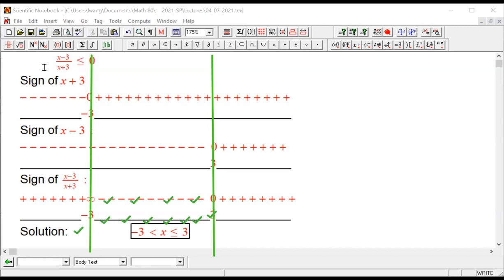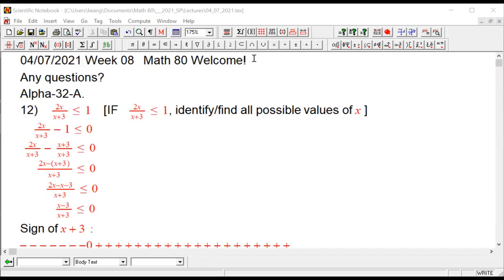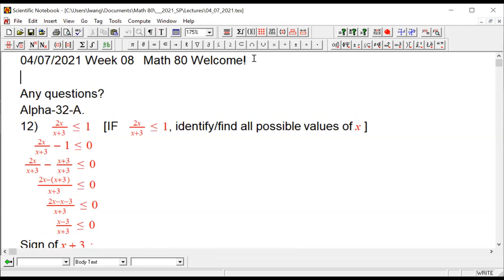And next, we're going to move forward to alpha 33. I believe that this material might be relatively easy for you. You might have had these before, but I just want to give you at least a review. So let's move on to alpha 33.